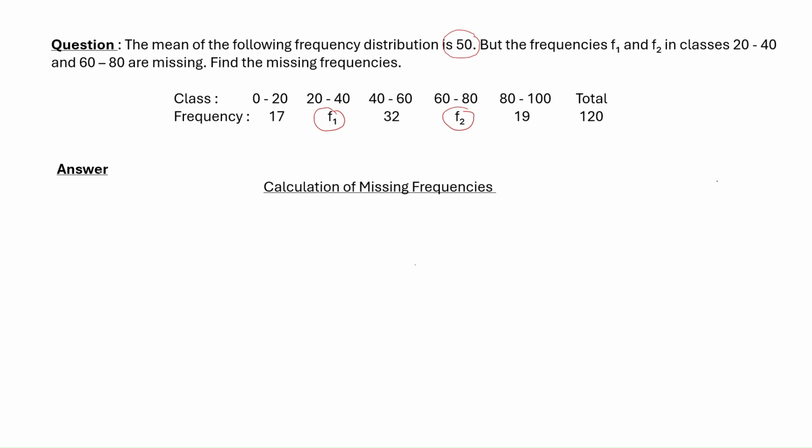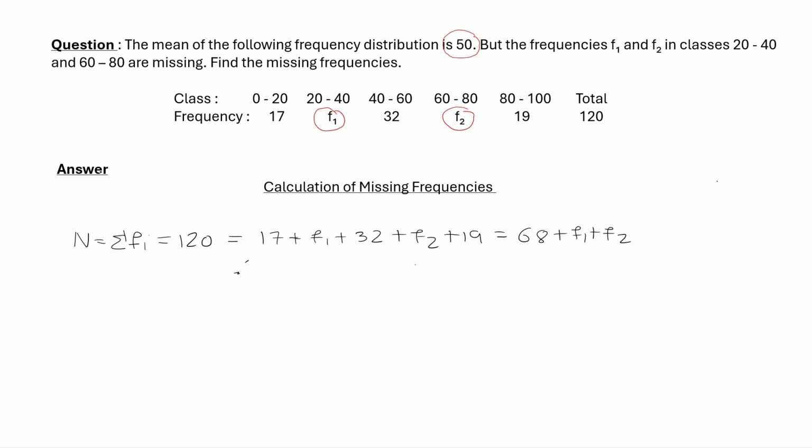Now, to find two missing frequencies, we need two equations to solve this. So we can start with this: we know capital N, which is the summation of Fi, is given as 120, which is equal to 17 plus F1 plus 32 plus F2 plus 19, which is 68 plus F1 plus F2.